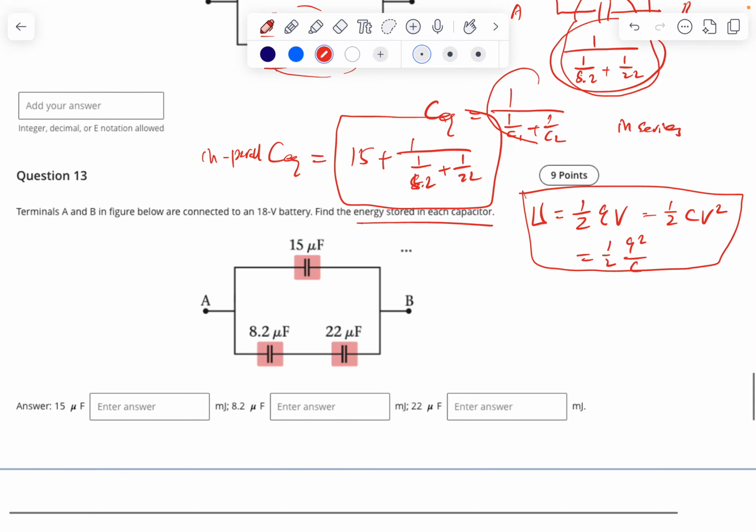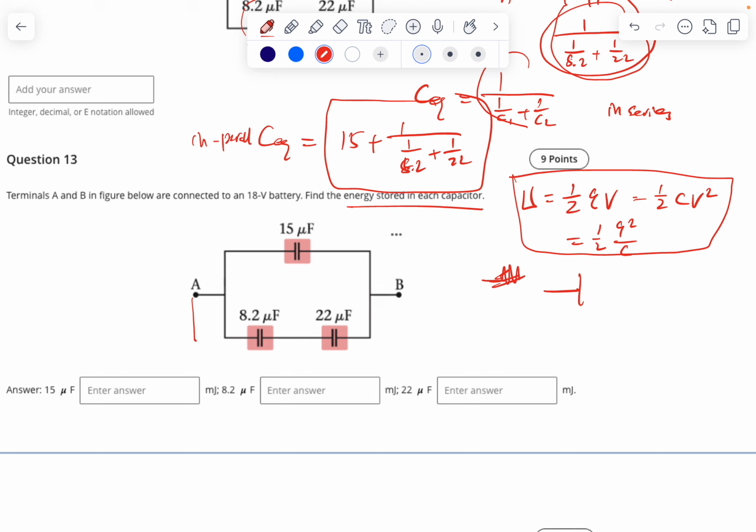The final circuit will be a battery connected to the equivalent capacitance, equal to this. This is the capacitance. And when you get here, you know the amount of charge on this equivalent capacitance.